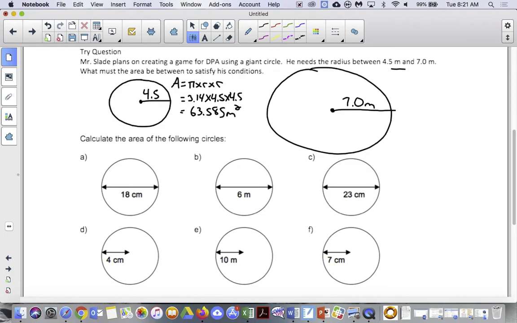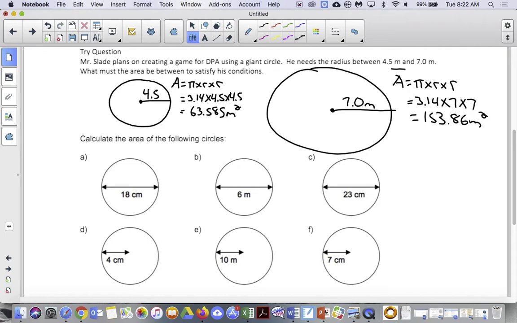Now we do the large circle, and I would get area equals pi times radius, which would be 3.14 times 7 times 7. I'd put that on my calculator, and I'd get 153.86 meters squared.